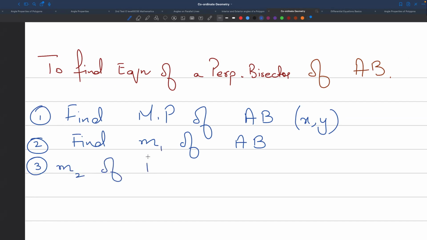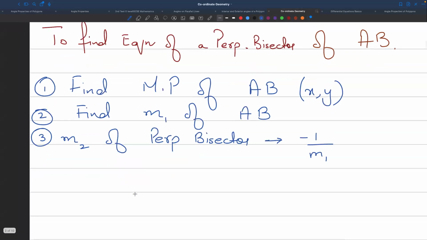Gradient of perpendicular bisector will be what? -1 upon M1. Negative reciprocal. And then once you have the gradient, you can just use this equation.